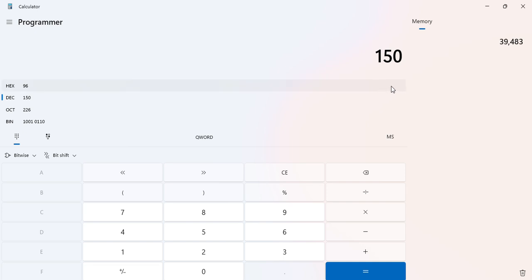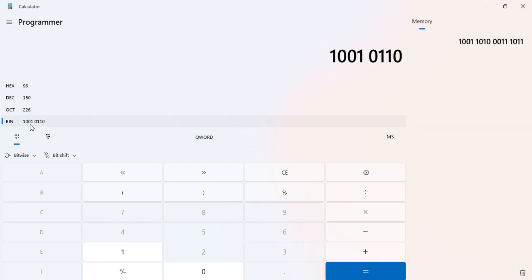The same value in hexadecimal is 96, in octal 226, and in binary you can find 100101110 like this. You can convert a number from one number system to another directly. So you can find it on the screen.